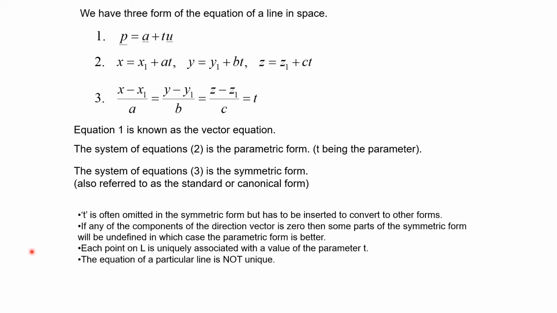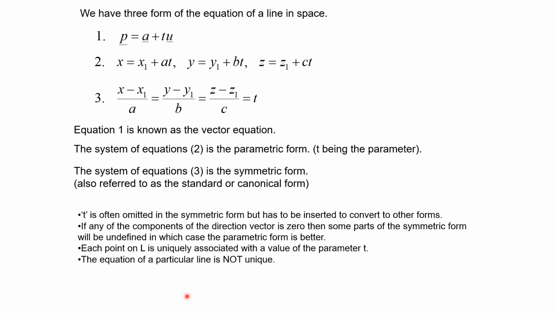And for the third point, each point on L is uniquely associated with the value of the parameter T. So it depends what the value of T is, and then the values of x, y, z keep changing. For example, if t is 1, then your x value will change, and if t is 2, then your x, y, z values will be different. That's what the third point means.